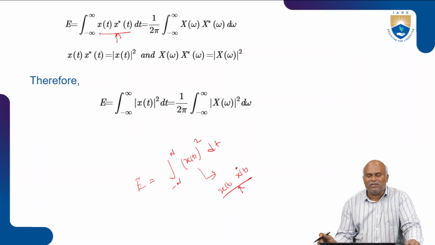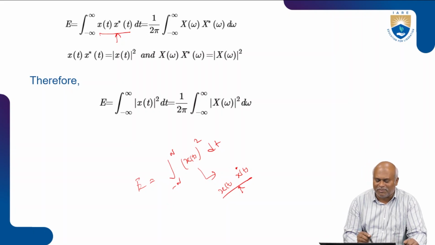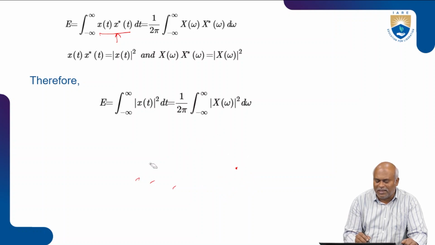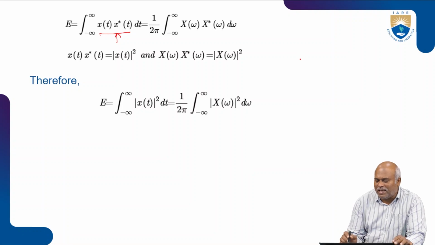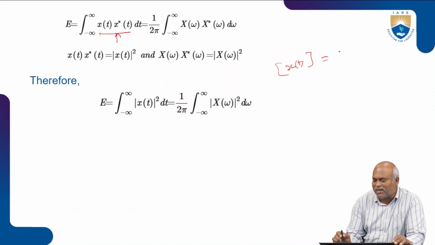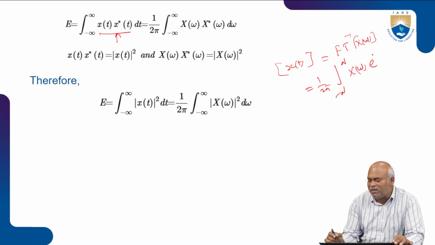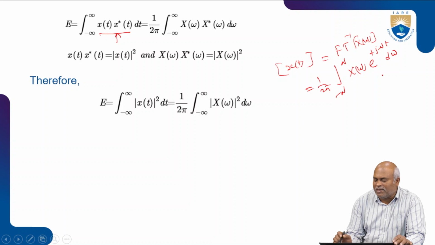We go as usual with our Parseval relation statement only. In this Parseval relation we take the inverse Fourier transform. So we substitute x of t as the inverse Fourier transform of x of omega. That value is equal to 1 by 2 pi integration of minus infinity to plus infinity x of omega e power of plus j omega t d omega.